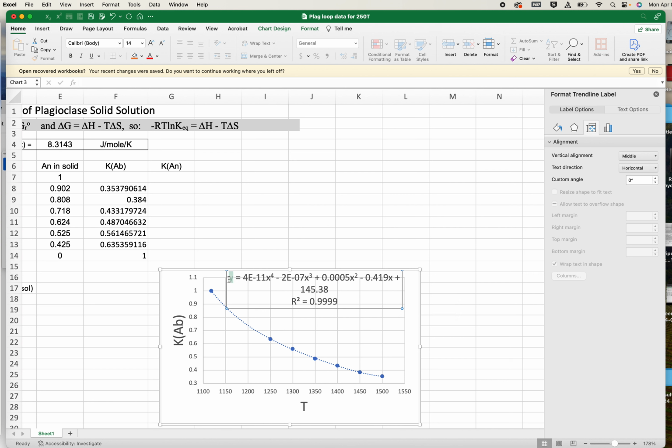So what is our y? Our y is what's on the vertical axis. It's the equilibrium constant for albite. And everywhere you see an x, that's our temperature in degrees centigrade.